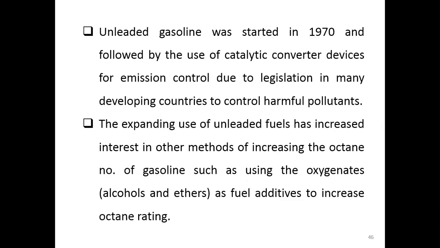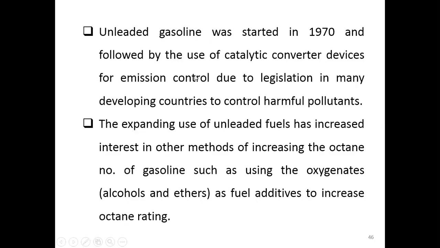And because of that, starting from 1970, we started to have unleaded gasoline. It was followed by the use of the catalytic converter device in order to control the emission, right?